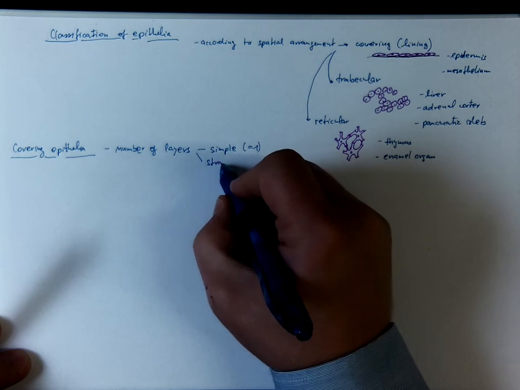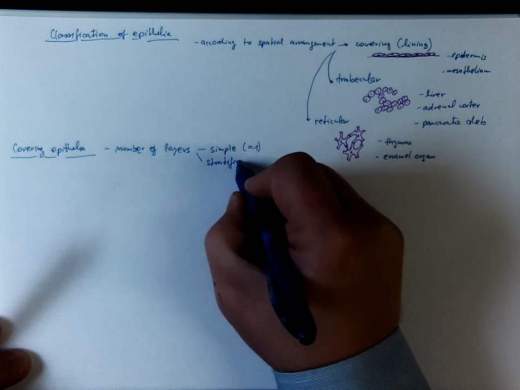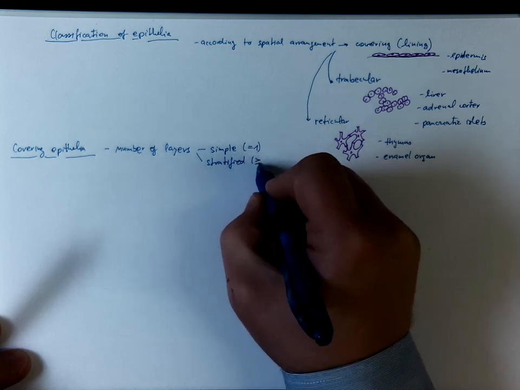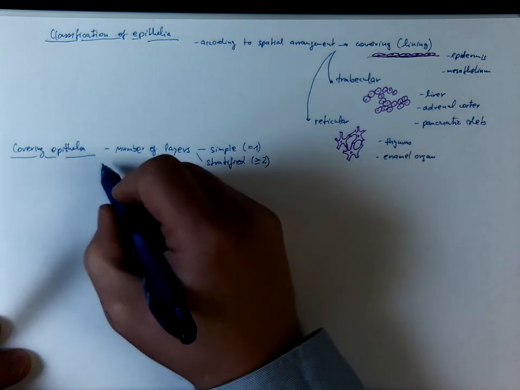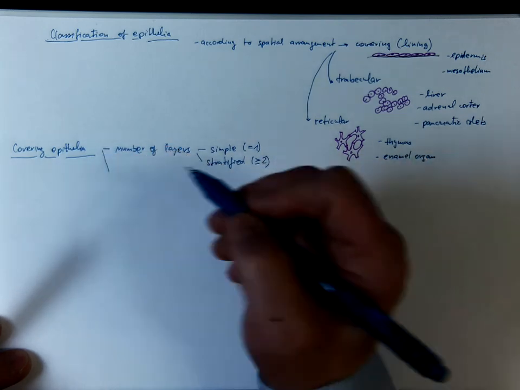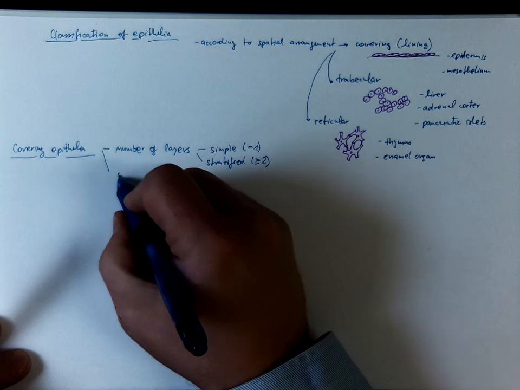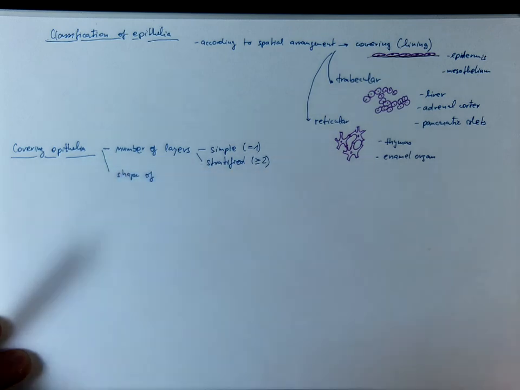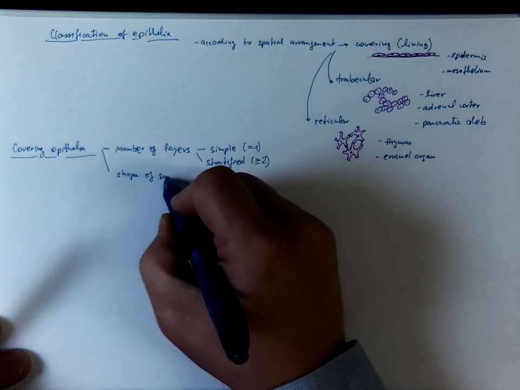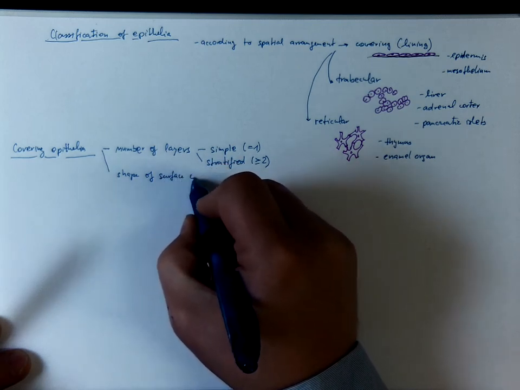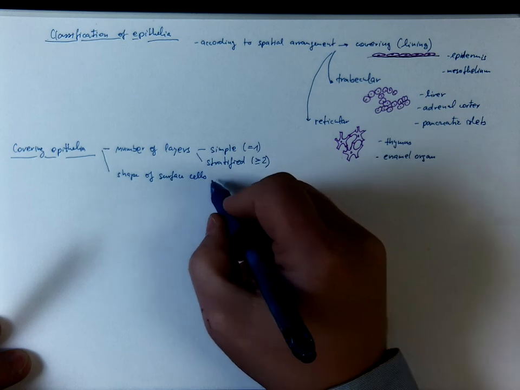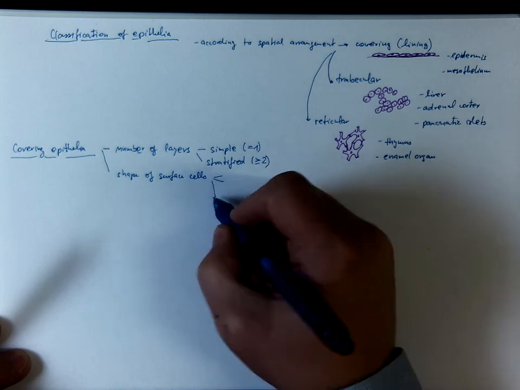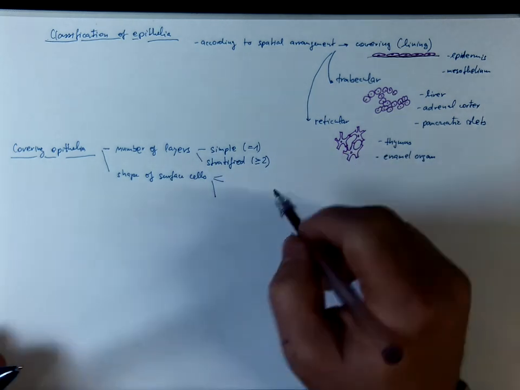That's what you call stratified. The second feature you'll look at will be the shape of the surface cells. There could be like 3 situations.